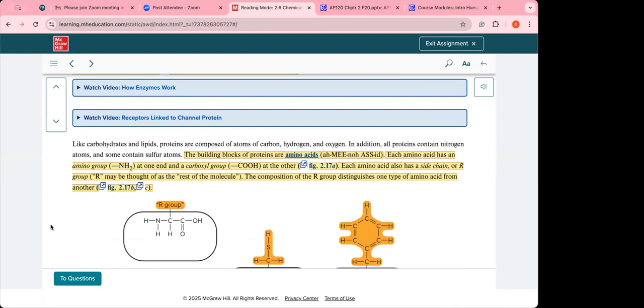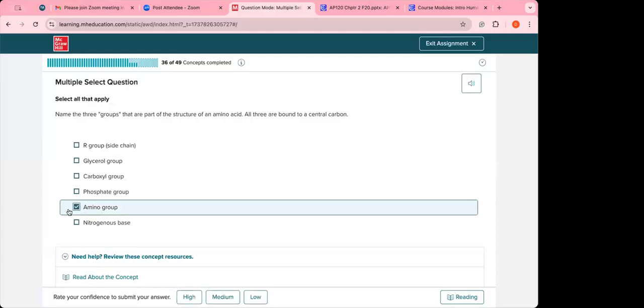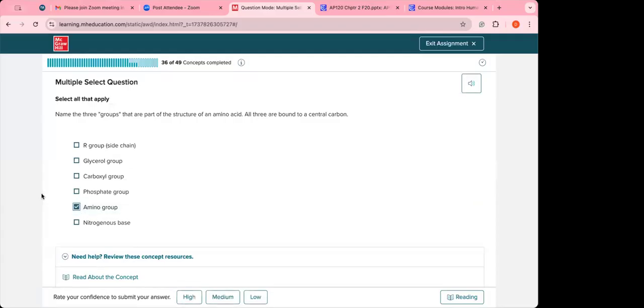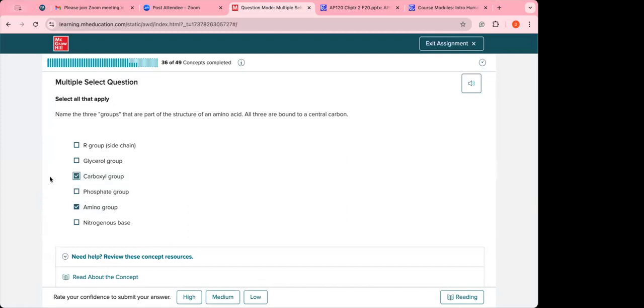So an amino group, a carboxyl group, and a side chain, the R group.